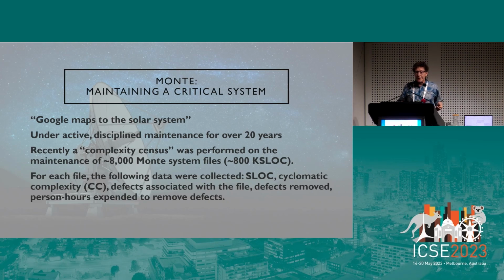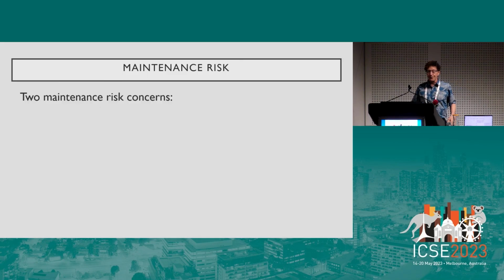So what we did is collect data on each of the files in the system. How big is the file? Its lines of code, the cyclomatic complexity of each file, how many defects that file suffered over the time period, and how much effort it took to remove those defects.